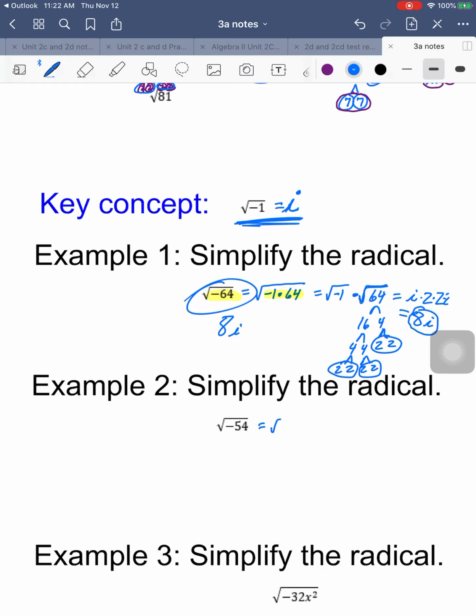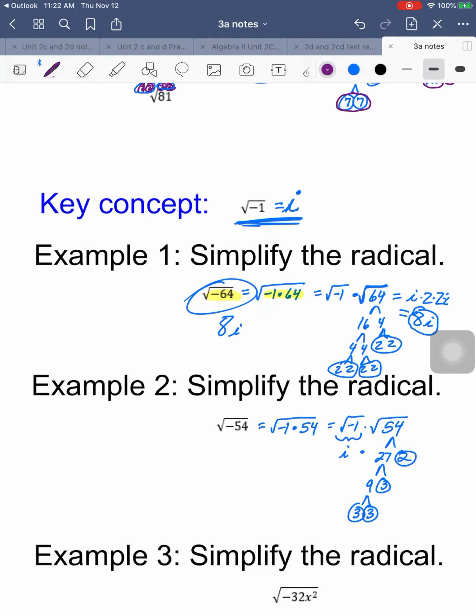So we got to break it down again. We have the square root of -1 times 54. The goal is to get the number to be positive, so then we can actually take the square root of it. So we have square root of -1 is i, and then 54 gets broken down into, I know it's an even number, so it's got to be divided by 2. 27 can be divided by 3. 3 is a prime number, and 9, 3 and 3.